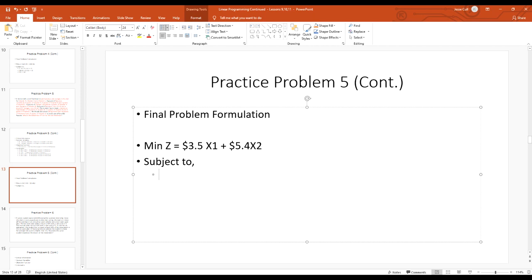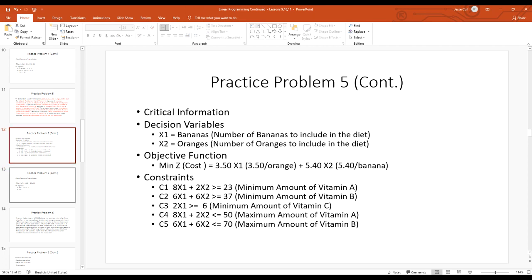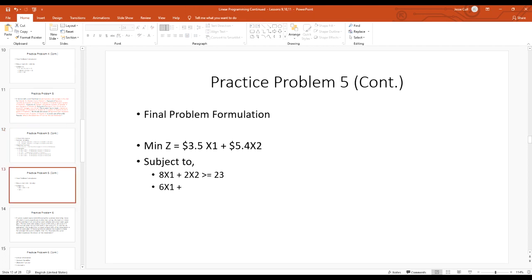The first one, 8x1 plus 2x2 greater than or equal to 23. One more time, 6x1 plus, let me just double check, 6x2, and that's greater than or equal to 37.